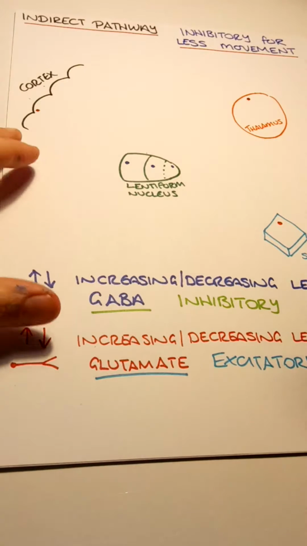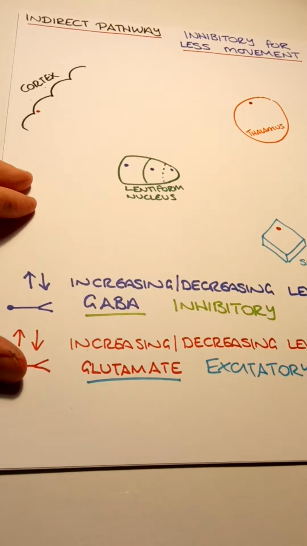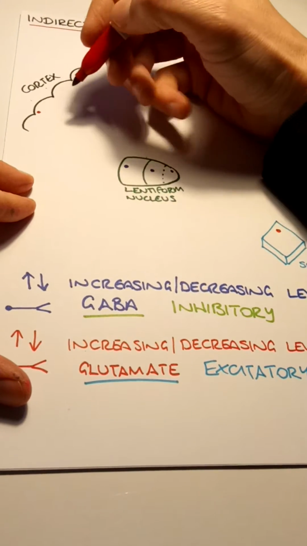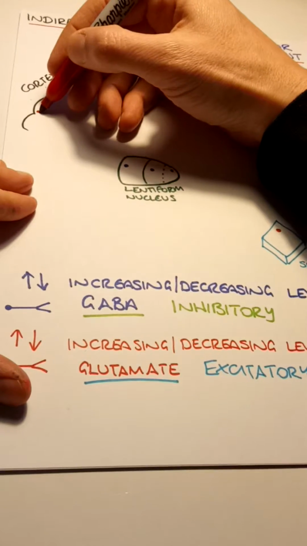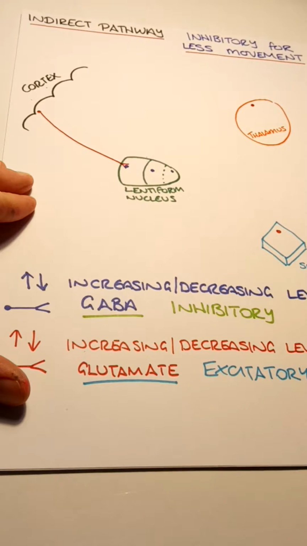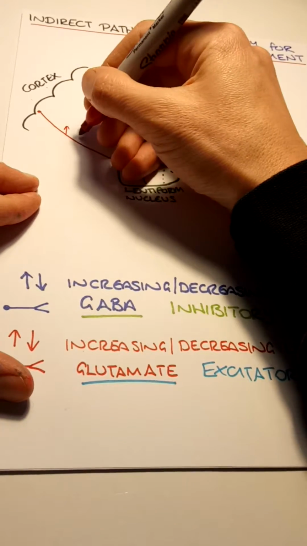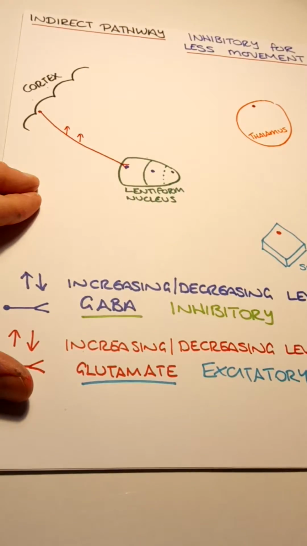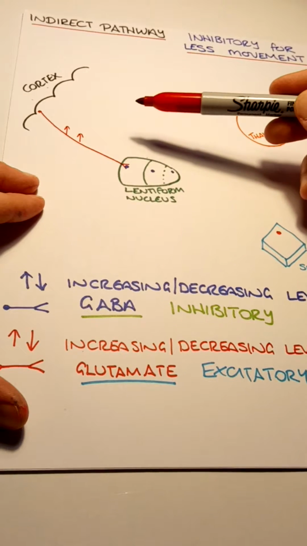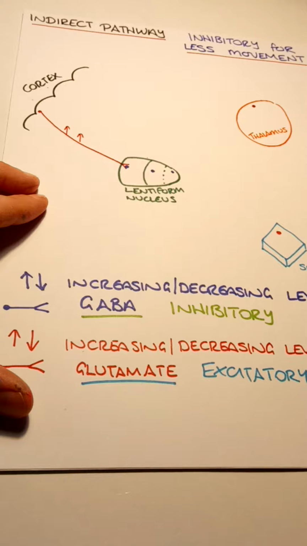So as always, we start at the cortex. Message coming down from the cortex into the putamen of the lentiform nucleus. So we've got increasing levels of glutamate, so it's excitatory, right?